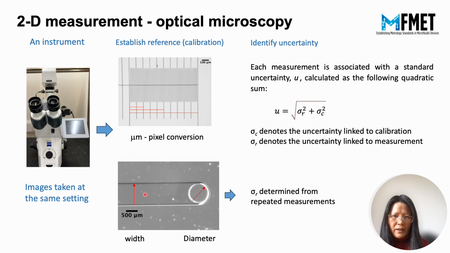Since the diameters of the holes and the channel width are hundreds of microns, they can be measured in a single image. To determine the width, it is necessary to identify the outermost edges of a channel and then measure the distance between these edges.